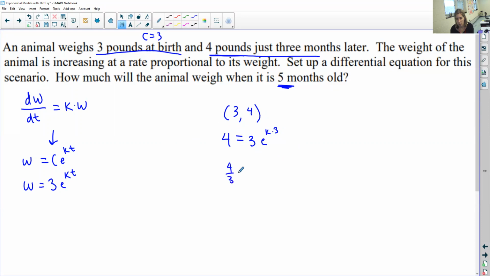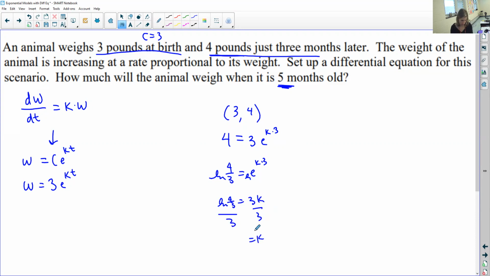So 4/3 equals e^(3k), and in order to solve for k, I'm going to have to take the natural log of both sides. So if you ln both sides, we get ln(4/3) equals just 3k. And then we're going to divide by 3 to get k alone.